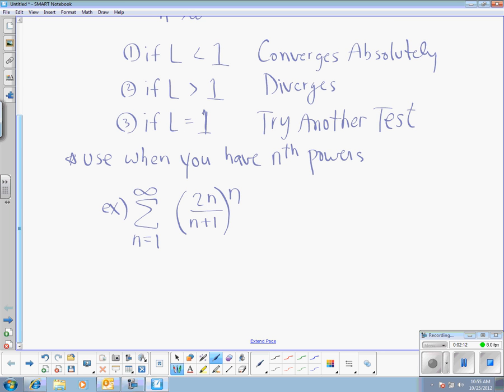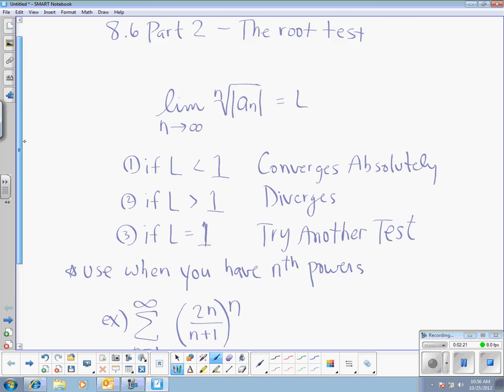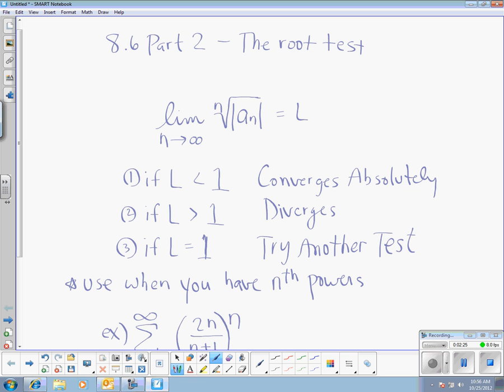One thing also that hopefully you noticed during your ratio test problems, these two tests both have absolute values in them. And that implies that the alternating nature of a series, you don't care about that. You just make it all positive. It's kind of overkill, or not necessary, to even do these tests if you have an alternating series, because remember, an alternating series whose terms go to 0 converges.